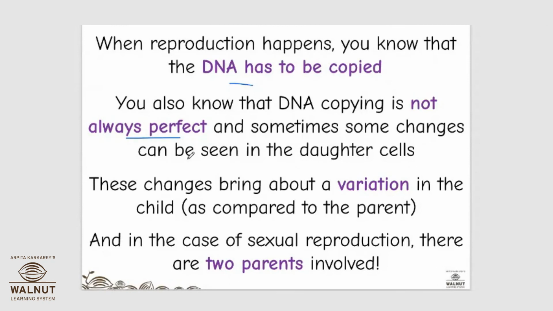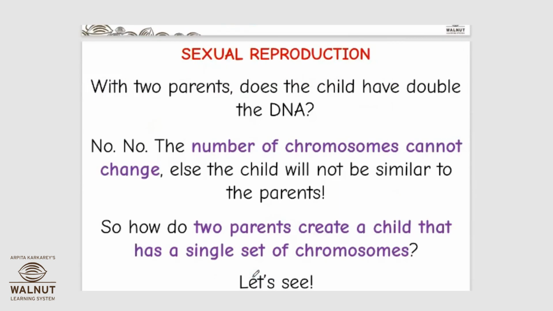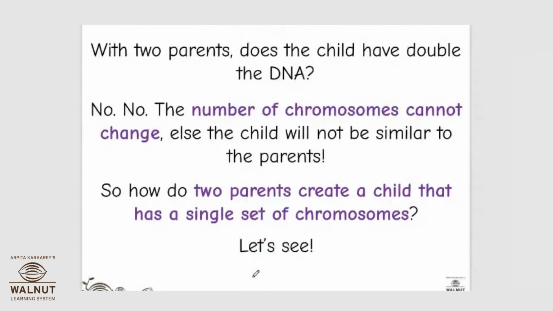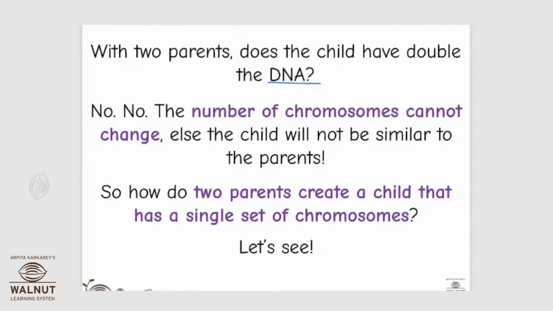And sometimes some changes can be seen in the daughter cells. These changes bring about variation in the child as compared to the parent. And in the case of sexual reproduction, there are two parents involved, as we have already seen. With two parents, does the child have double DNA? First, tell me the number of chromosomes in our body.